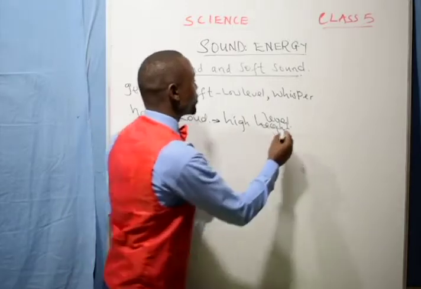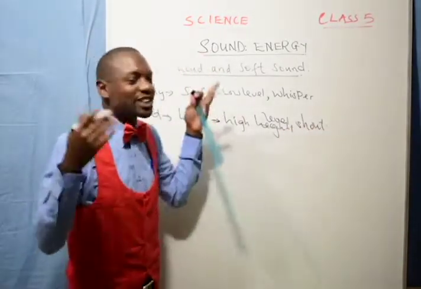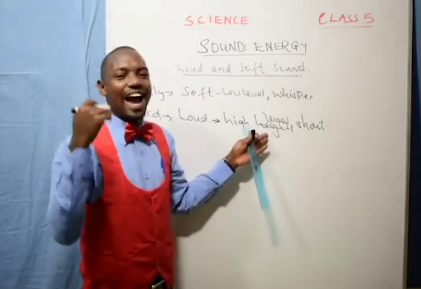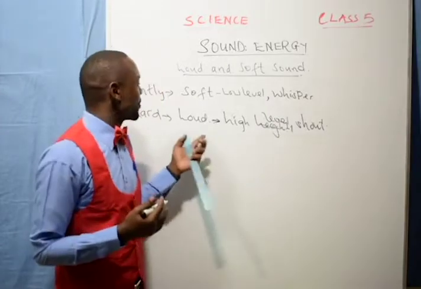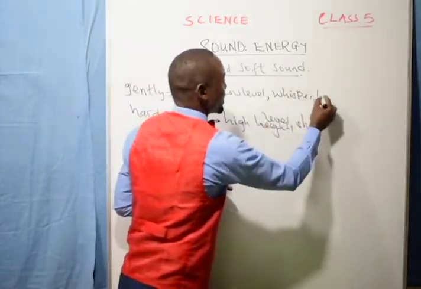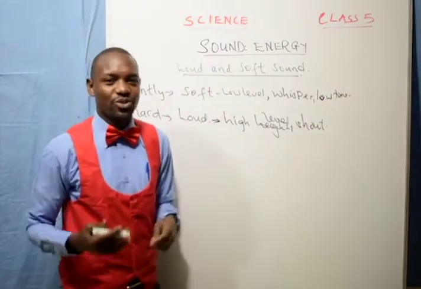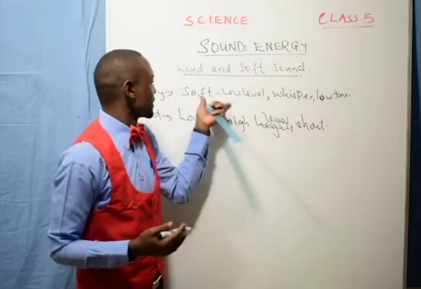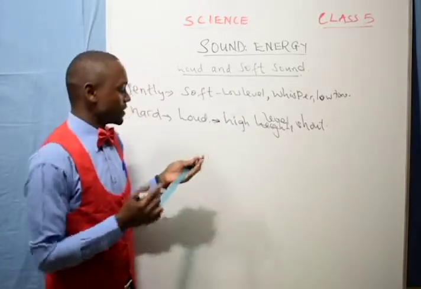But when you shout, come here, I want to send you, you are producing a loud sound. Shouting, hey! That is a loud shout. But when you talk in low tones, come here, I want to send you, you are just talking. That is soft sound. But when you shout, you are producing loud sound.